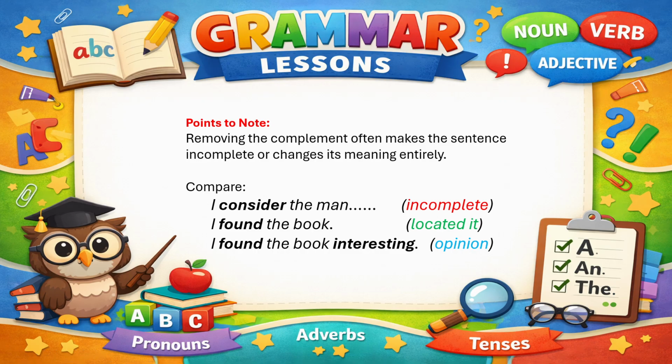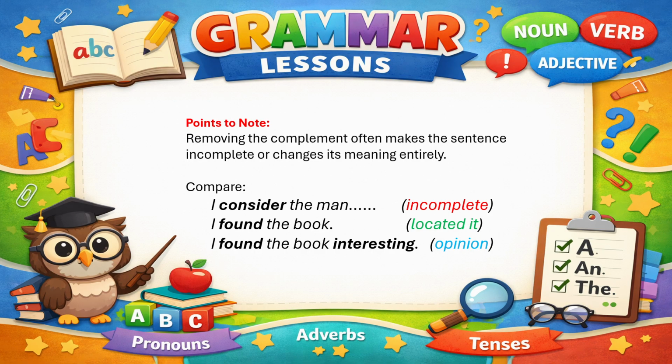As I earlier told you, in some cases, the meaning becomes incomplete. In other cases, the meaning changes. For example, in the sentence, I found the book, here found gives the meaning that I located the book. Means I found out or I located where the book was.